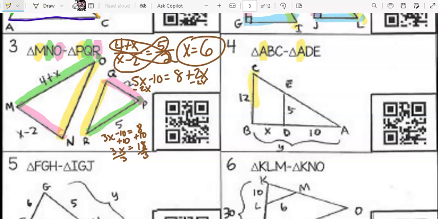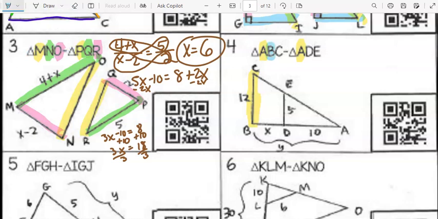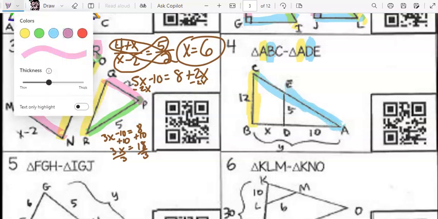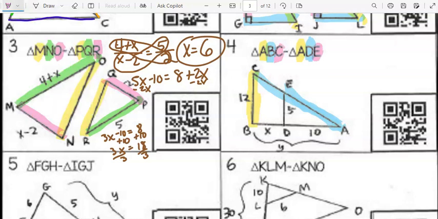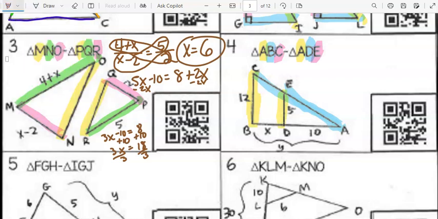So A goes with A. B goes with D. And C goes with E. First, let's solve for y. 12 over y equals 5 over 10.